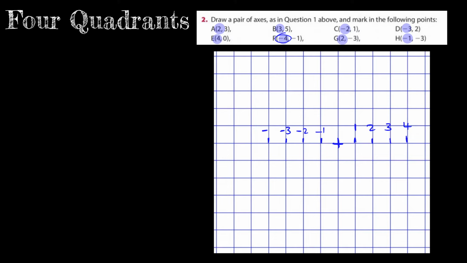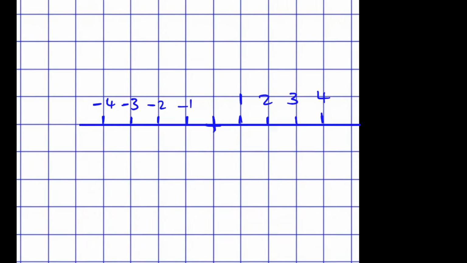So that's my x-axis drawn, the whole way across, and you can see that there. Sorry, things flying everywhere.